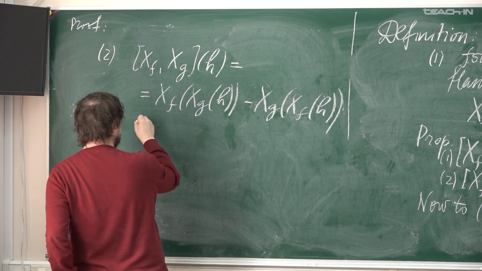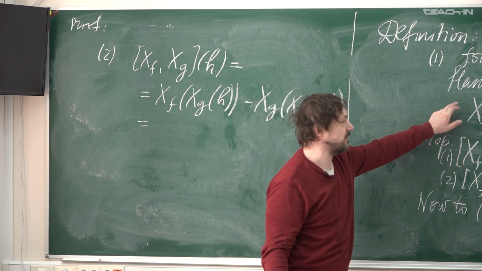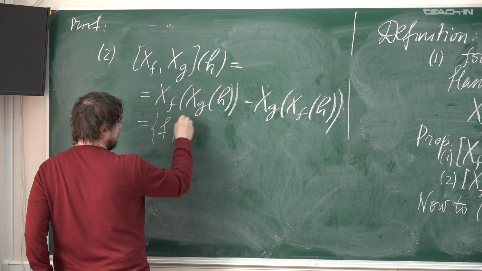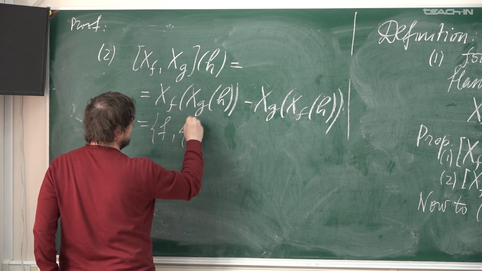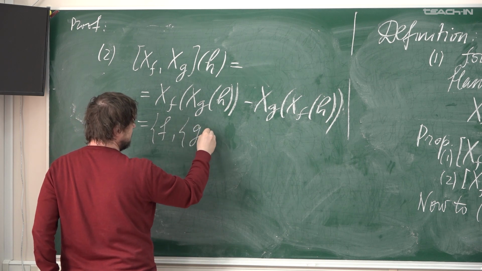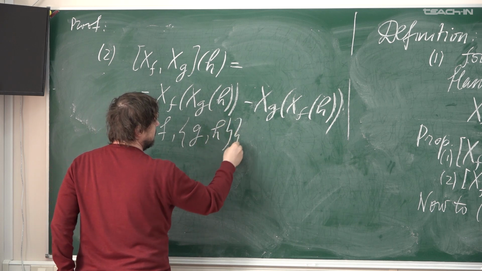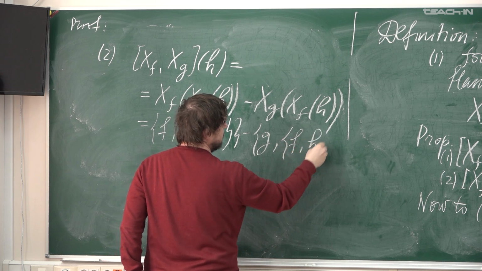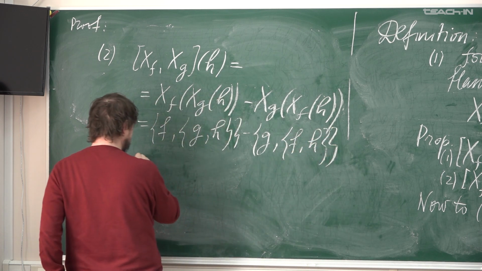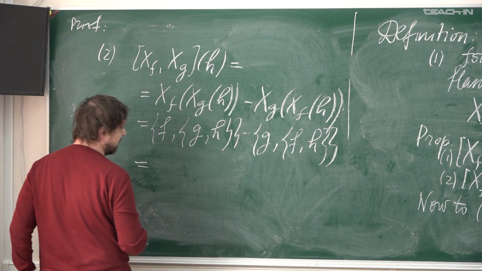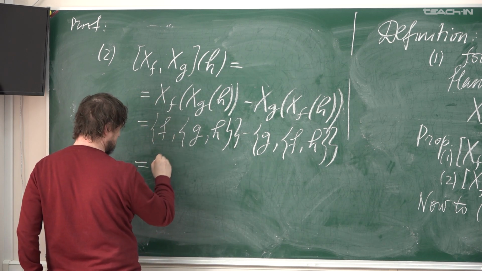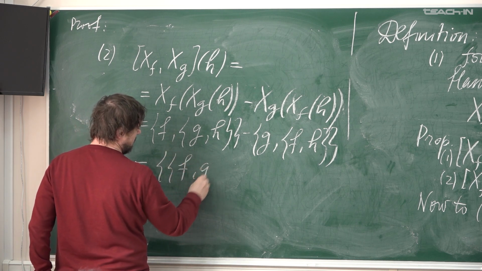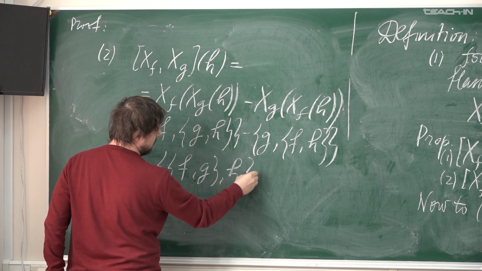But by the first line of the definition, this is equal just to the double Poisson brackets, {f, {g, h}} minus {g, {f, h}}, which is by the Jacobi identity again equal to, well, I think the sign is correct, {{f, g}, h}, right?